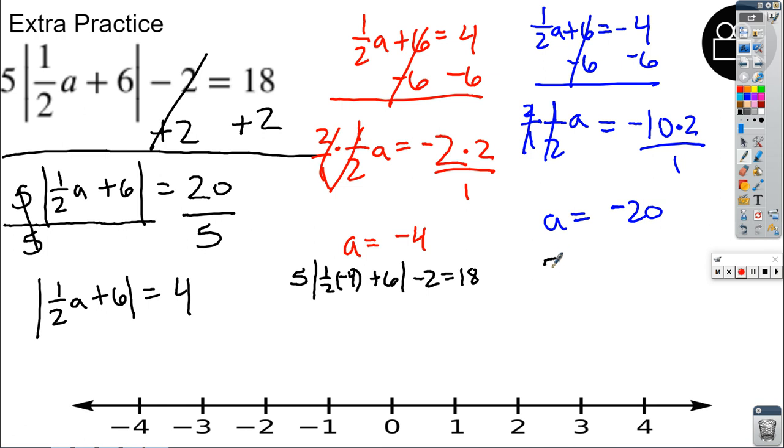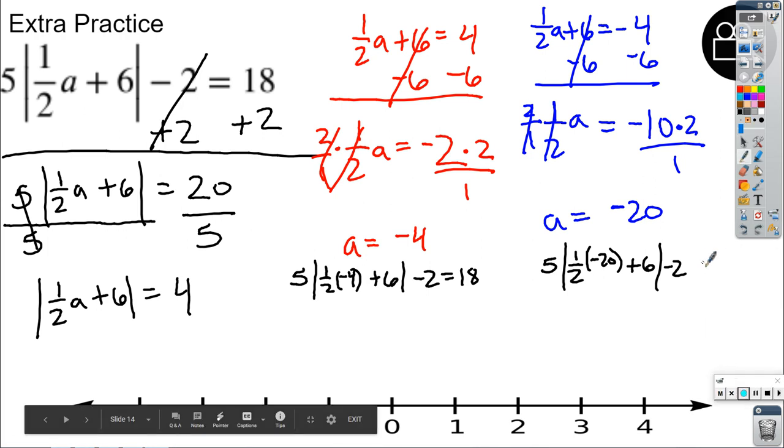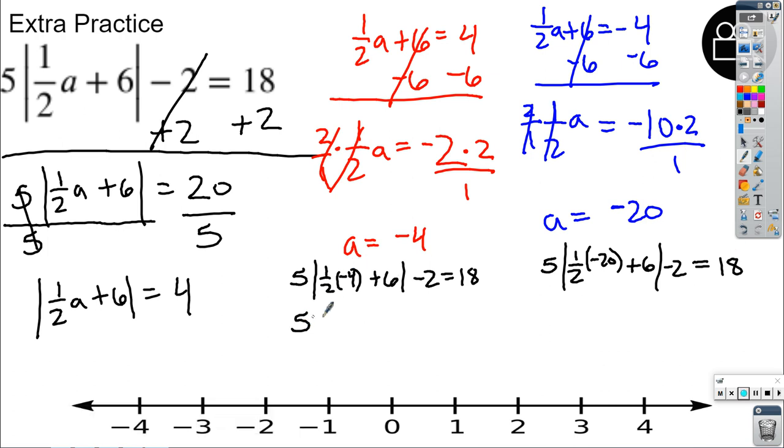If I want to go ahead and write this out, since it is a longer equation, negative 20 plus 6 minus 2 equals 18. 5, absolute value of negative 2 now, since half of negative 4 is negative 2, plus 6 minus 2 equals 18. And if we take a look, 5, half of negative 20 is negative 10, plus 6 minus 2 equals 18.